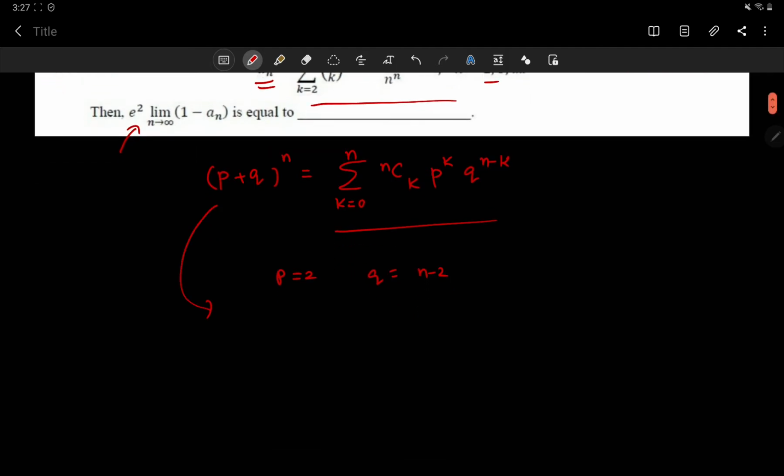So our binomial expansion becomes (2 + n − 2)^n.